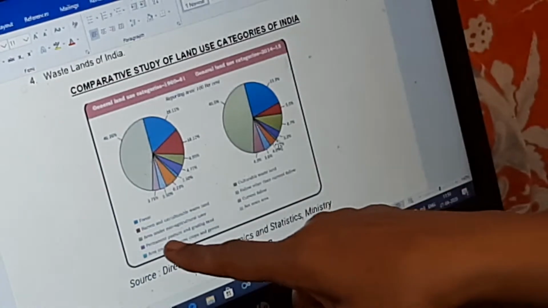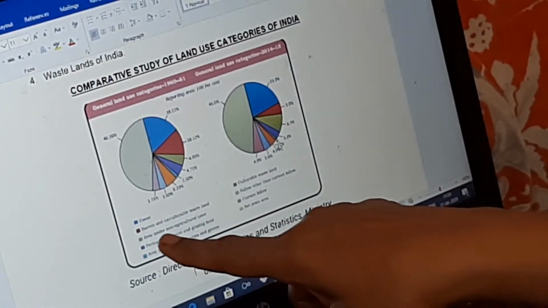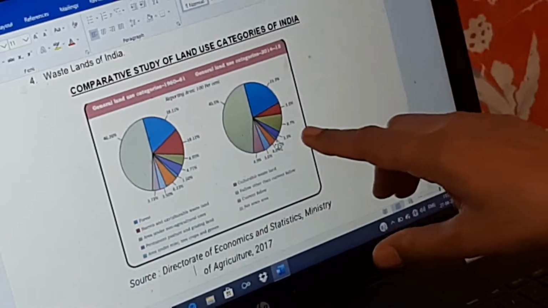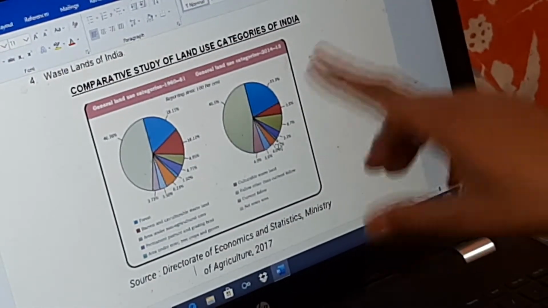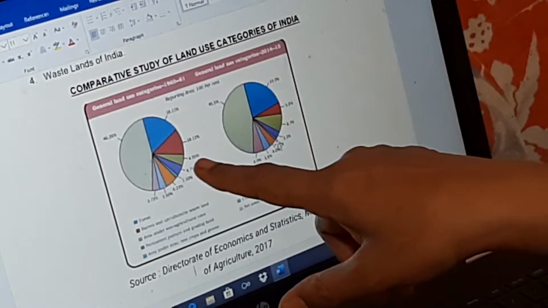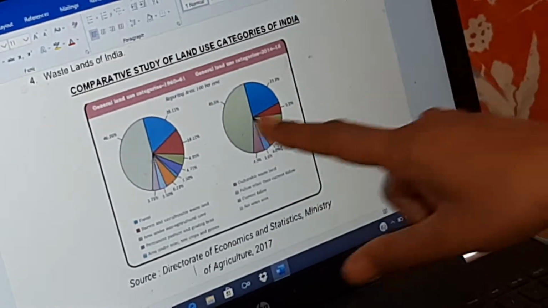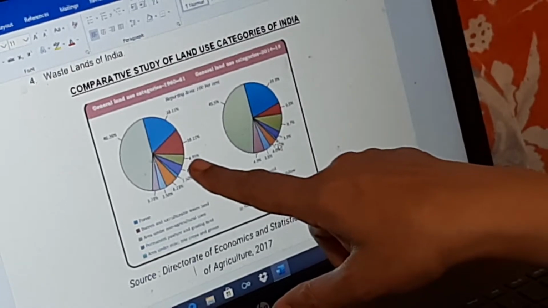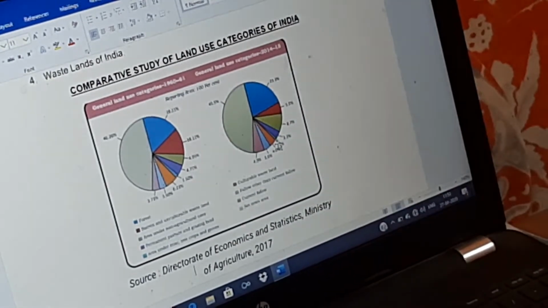Next, the area under non-agricultural uses, which was only 4.9, has just doubled to 8.7. I am taking it as 5 and 9. So if I take the whole figure, it was just 5% and now it is nearly 9%. Such an increase. Why?